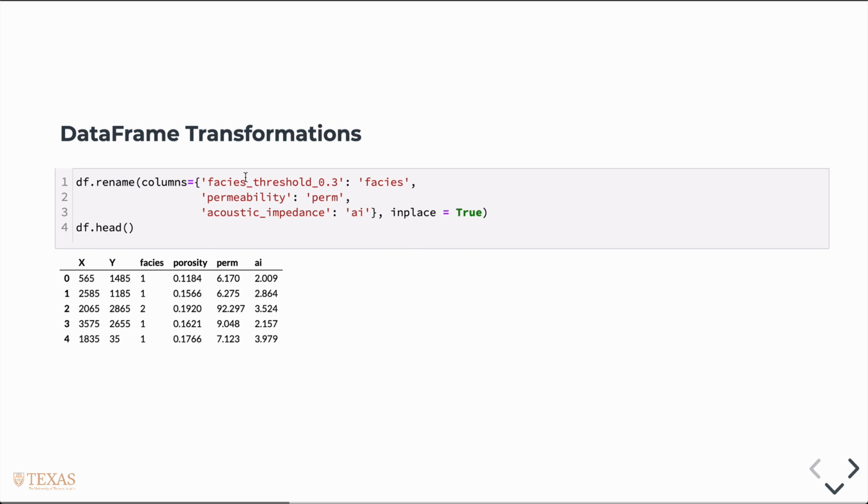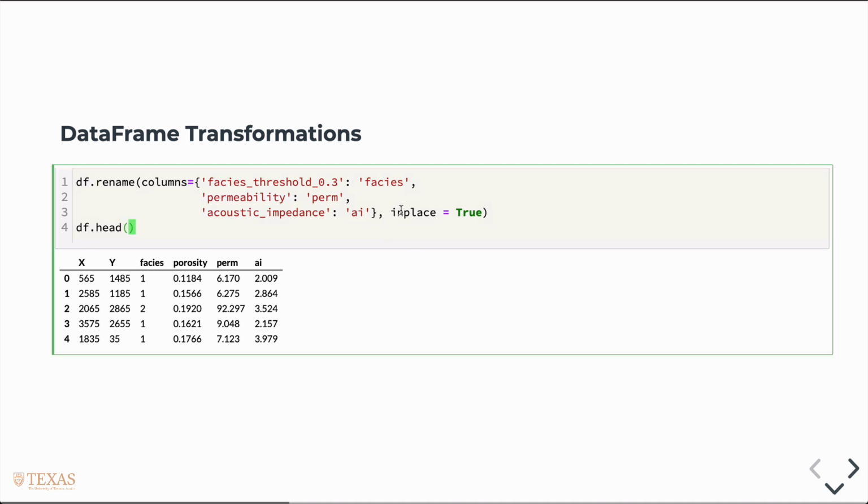So the syntax here is the original column name and the new column name that you want. We also use the in-place argument here, which in this case will transform the data frame in place, meaning it doesn't return a new data frame. It actually changes the data frame in memory without returning a different data frame.